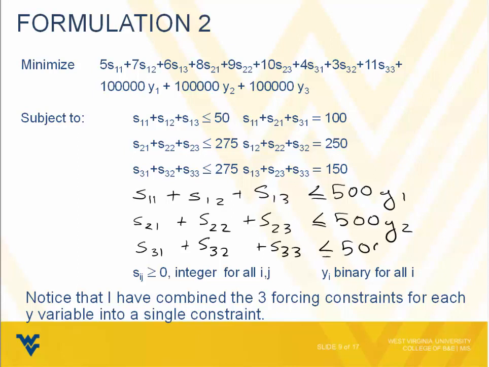Now the reason why the 500 does not matter is because I've already got warehouse capacity constraints over here. Those warehouse capacity constraints will actually restrict the amount that is actually shipped out of each warehouse.